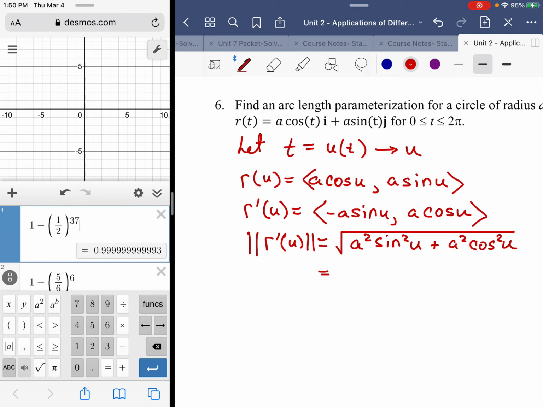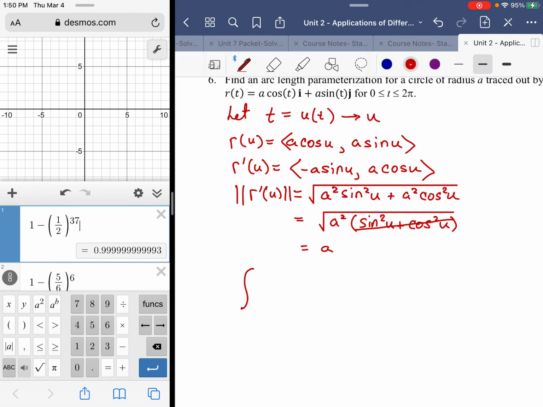I've done this one enough where it's pretty clear what it's going to be, but just in case, factor out the a squared. You're going to have sine squared u plus cosine squared u, which goes to 1 because it's a Pythagorean identity. Square root of a squared is equal to a.